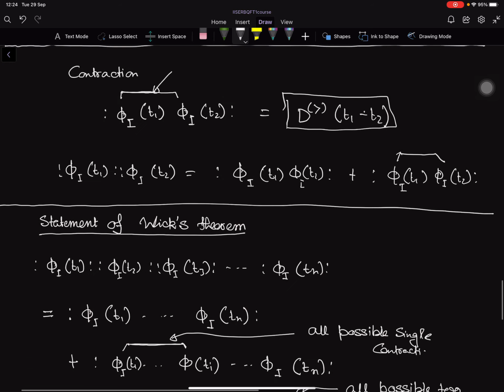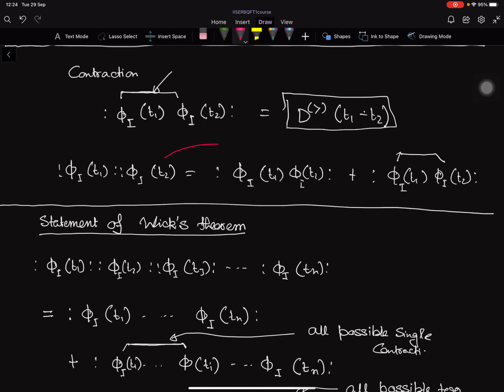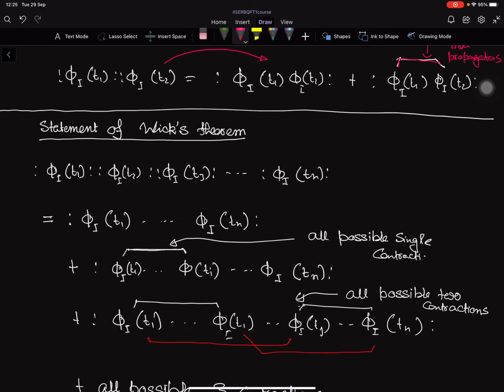So in this case, what happened is that we took two normal ordered operators, and this became just a completely normal ordered operator, and then this contraction which gives us the Wightman propagator. Now the statement of Wick's theorem is that if you have a string of operators, let's say you have n of them, then first you take the completely normal ordered thing.